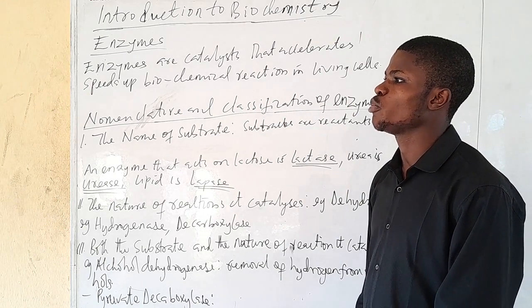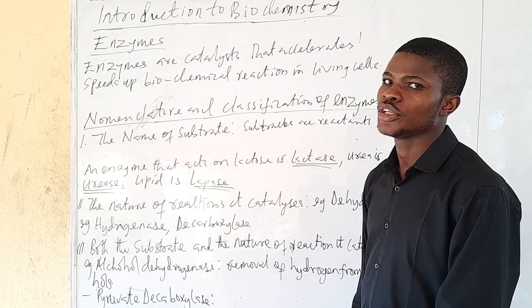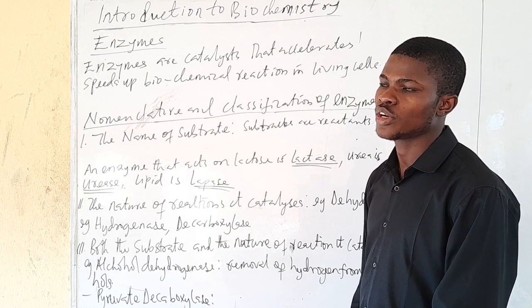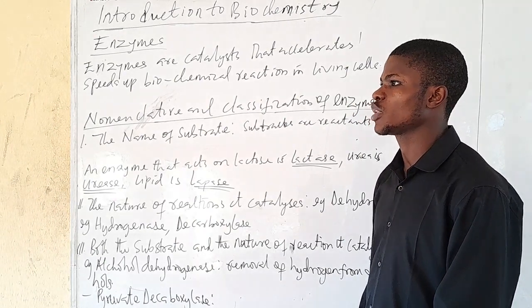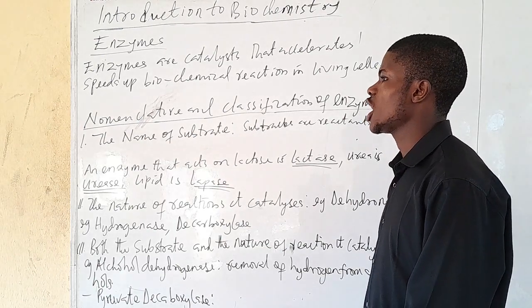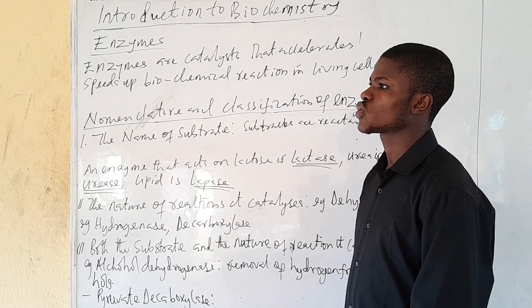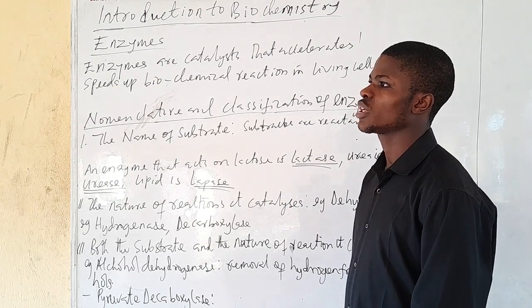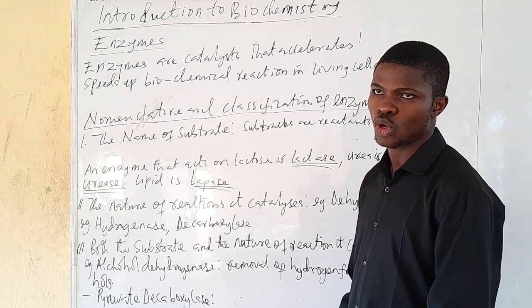Most metabolic reactions need enzymes. Metabolic pathways need enzymes. And these enzymes act on substrates to bring about a defined product.